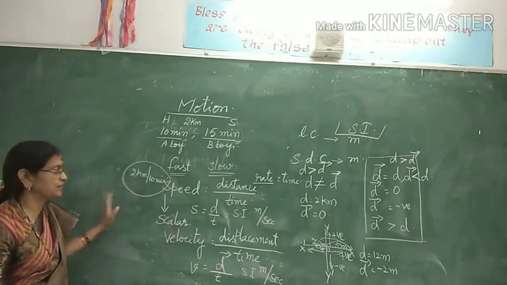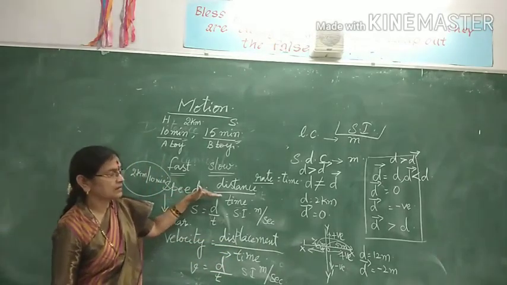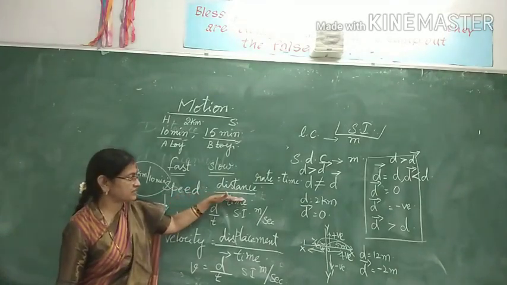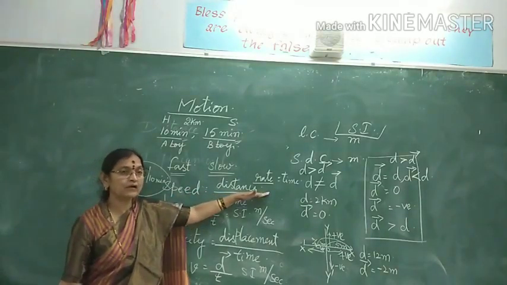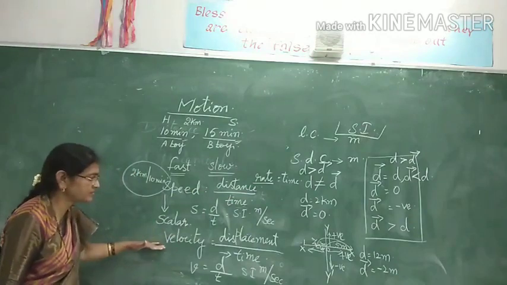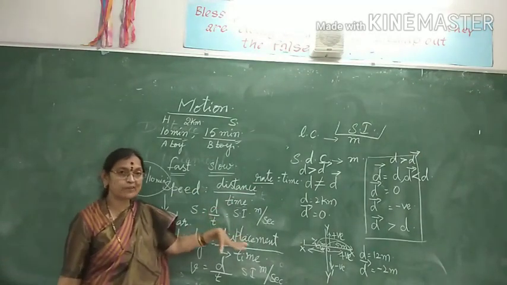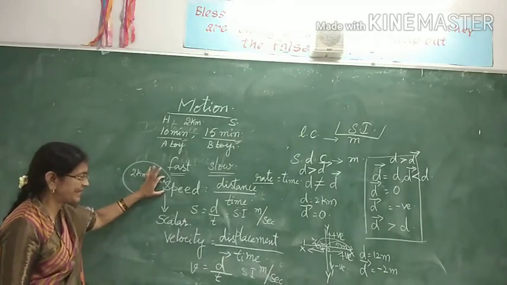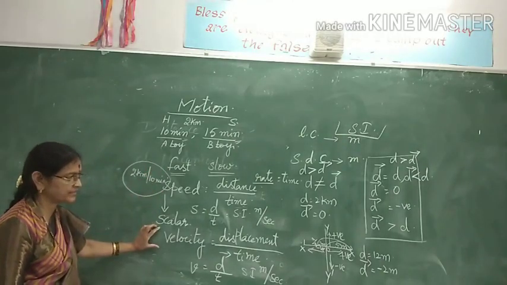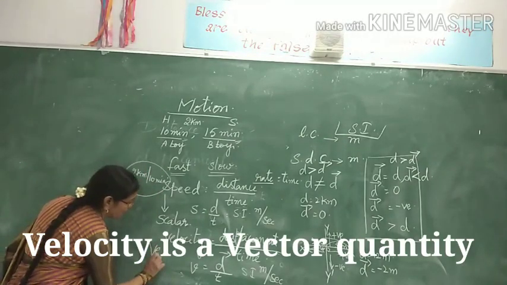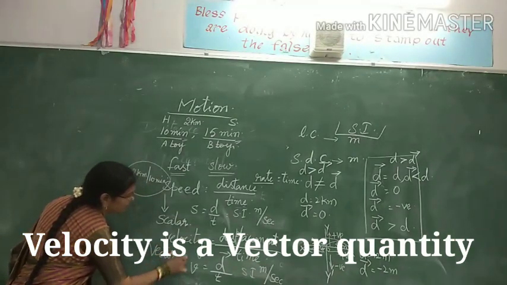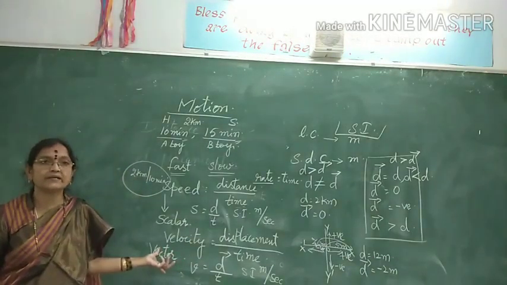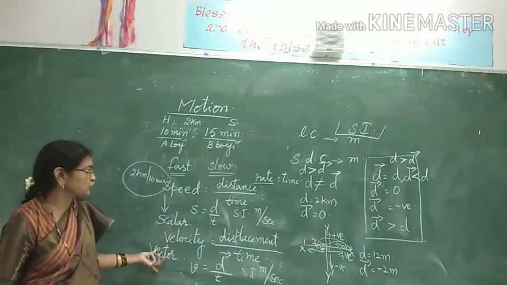By definition, speed is the rate of distance of a moving object. Velocity is the rate of displacement of a moving body. These are vector quantities because to describe it you need to give the direction also.